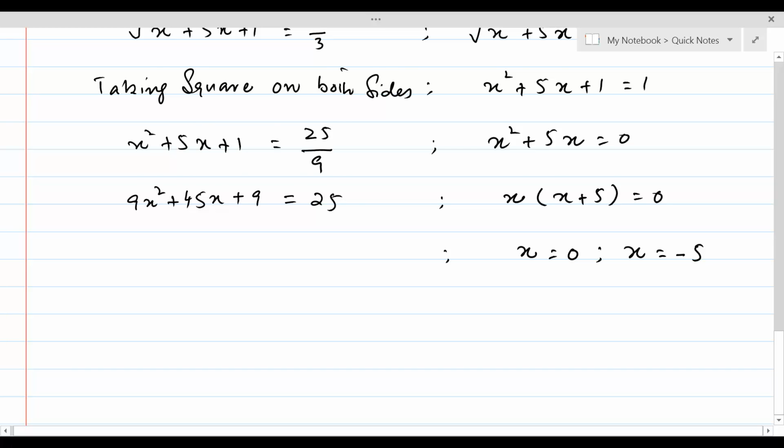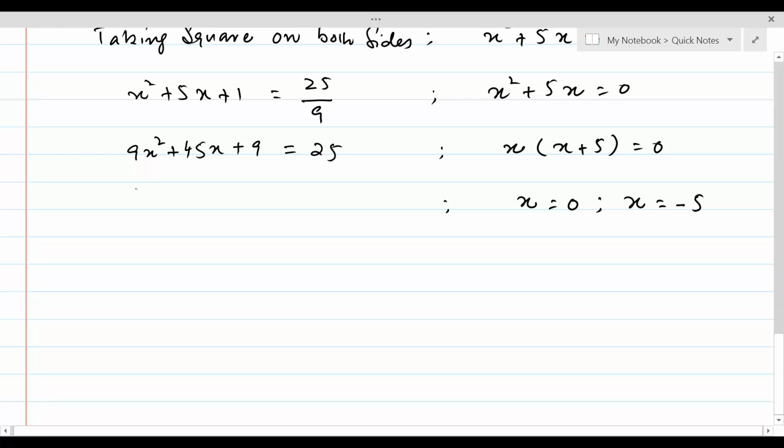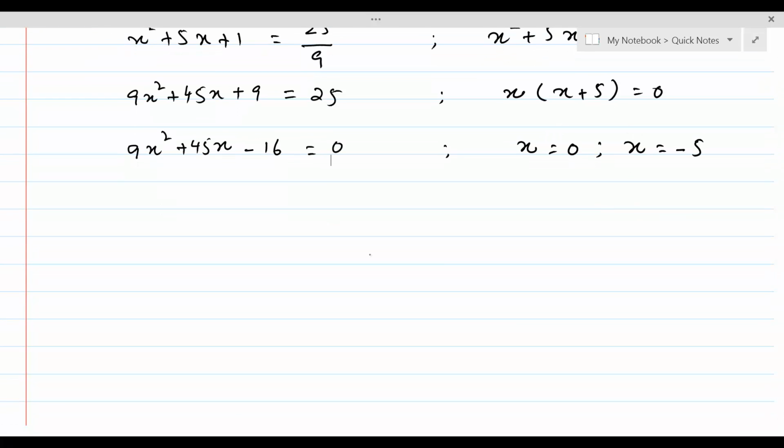And from here we get 9x square plus 45x minus 16 equal to 0. And here a is equal to 9, c is equal to minus 16.